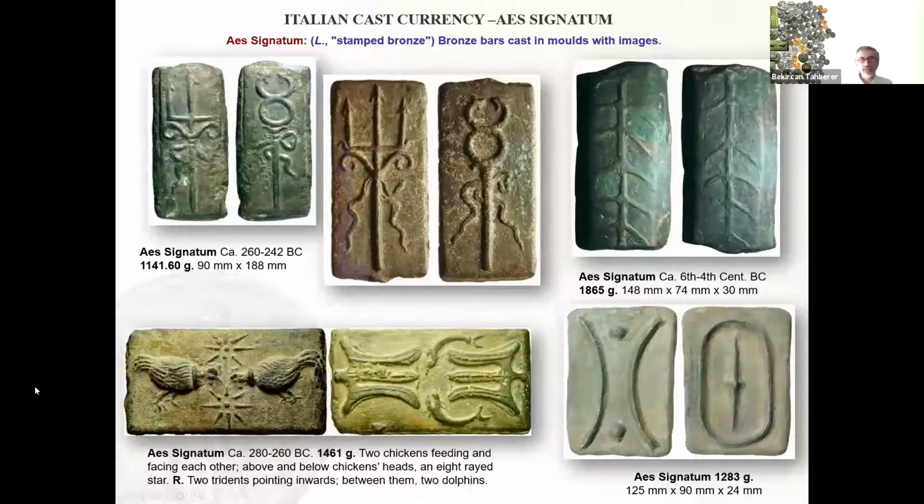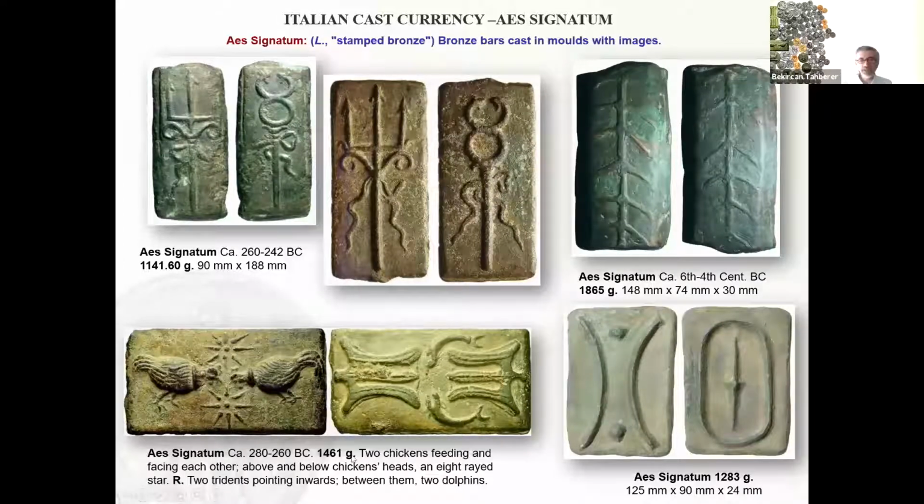And look at the weight of these metal pieces. They are still not coins. Again, they cannot be considered coins because they were not produced at a weight system. So 1 kilo, 141 grams. This is about 2 kilos.